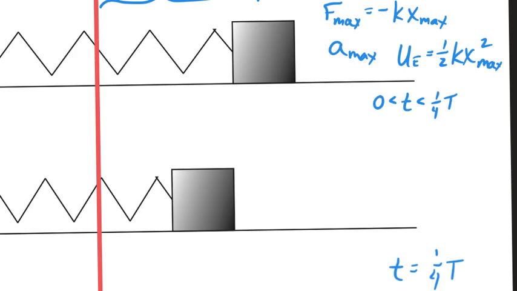At this point, the object has moved to the side, so it has developed some amount of velocity. Right? It's been accelerated. It experienced the maximum acceleration for a few moments, and it's been still accelerating to the left. So the acceleration is this way.